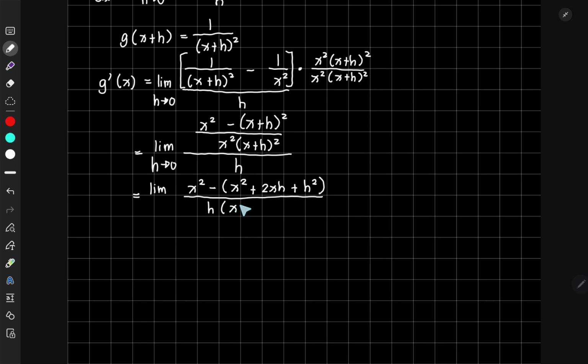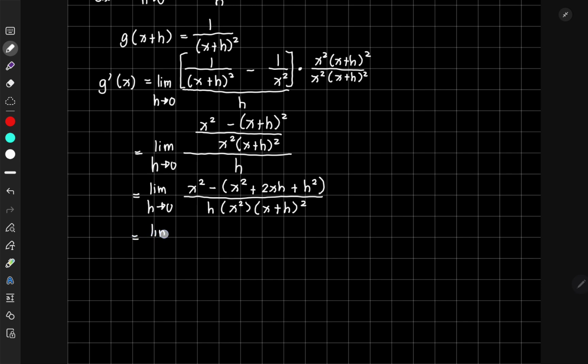So in the numerator we will have x squared minus x squared, and what remains is this. But don't forget to distribute the negative.